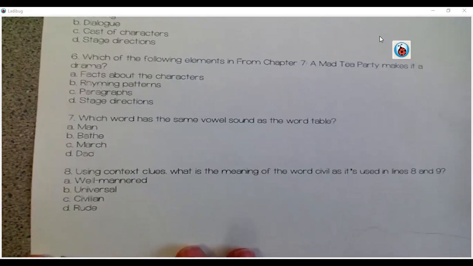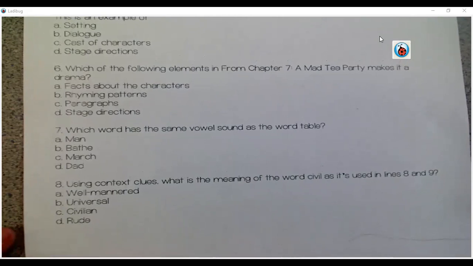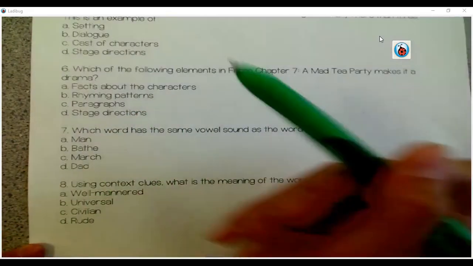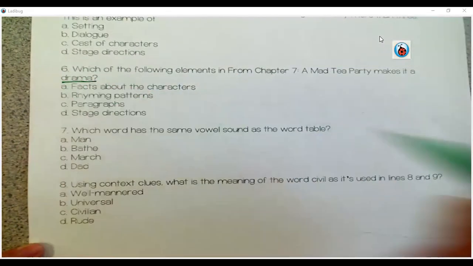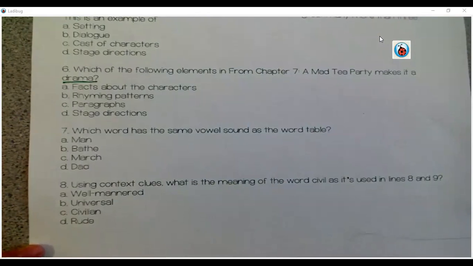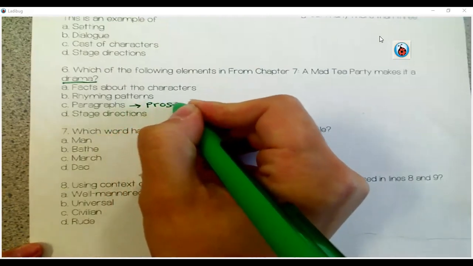All right, number 6. Which of the following elements from chapter 7, A Mad Tea Party, makes it a drama? Okay, 4th graders, when you see questions like this, you have to think about what we just learned about drama. We talked about that it's its own type of writing. It's not prose and it's not poetry. So we need to eliminate the things that are found in things other than dramas. We know that paragraphs are prose.